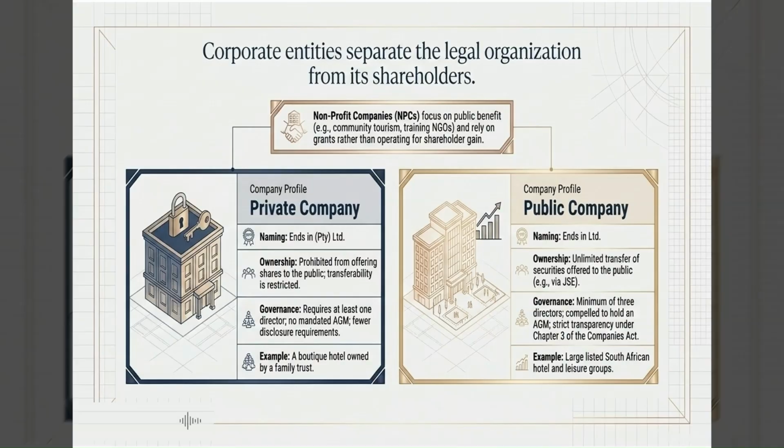Shareholders are not liable for the company's debts beyond what they have invested. A private company's name ends in (Pty) Ltd, proprietary limited, and it may not offer its shares to the public. A public company's name ends in Limited.